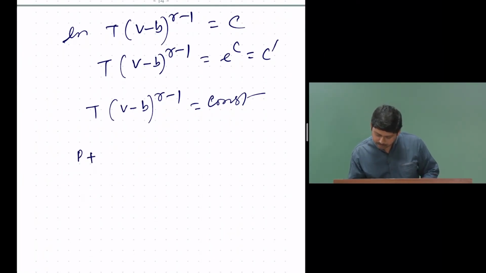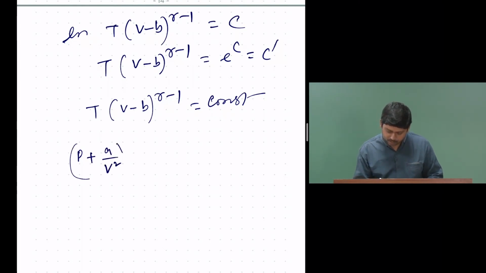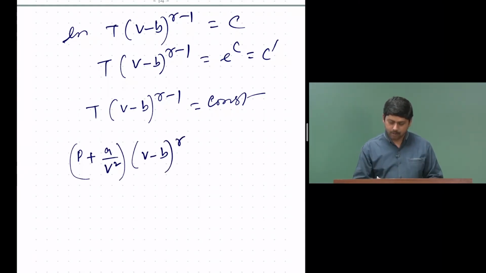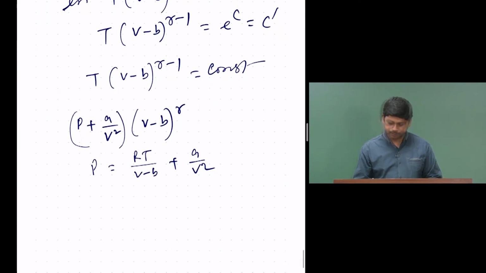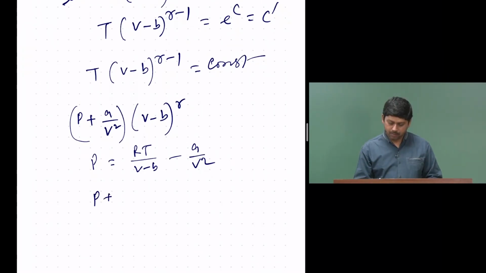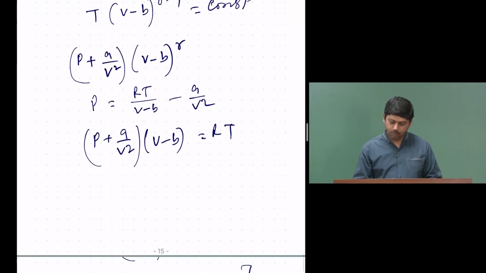That is the same as showing that (P plus a by V square) into (V minus b) to the power gamma is a constant. You know that P equals RT by (V minus b) minus a by V square. So, P plus a by V square into (V minus b) is RT, that you know.